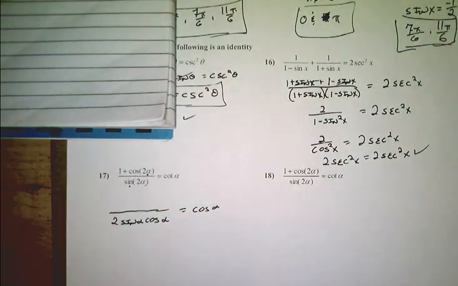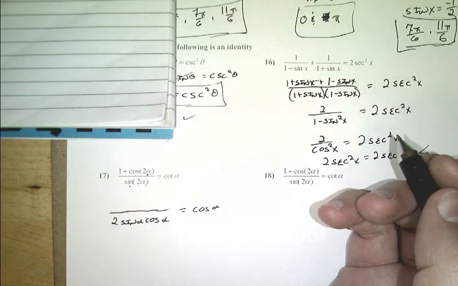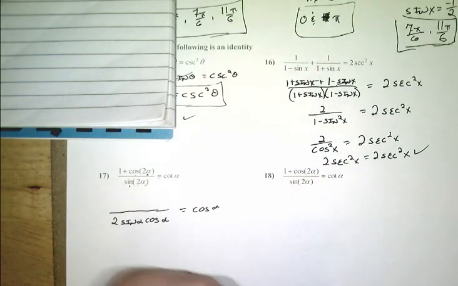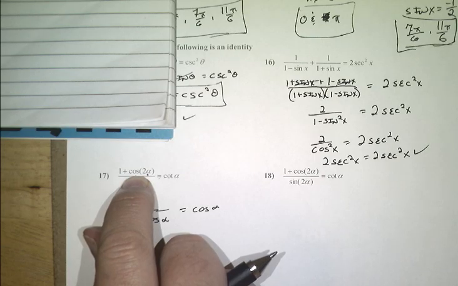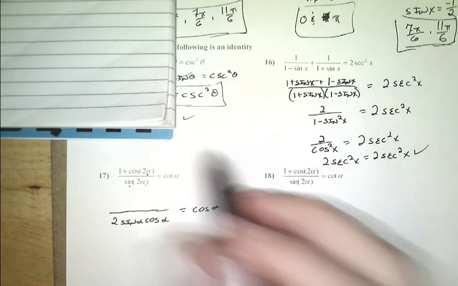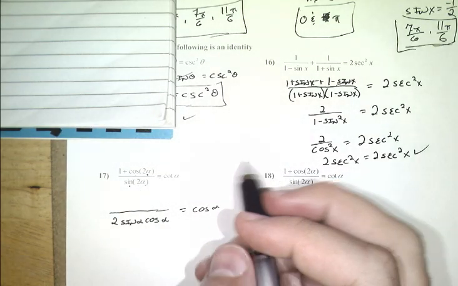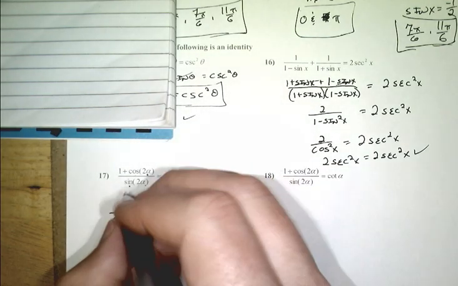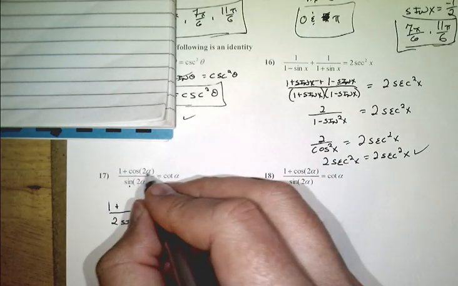And then cosine of 2 alpha, we have a couple of options we can use. We can use cosine squared alpha plus sine squared alpha, or some of the other ones. Let's try this, this would be 1 plus cosine of 2 alpha.